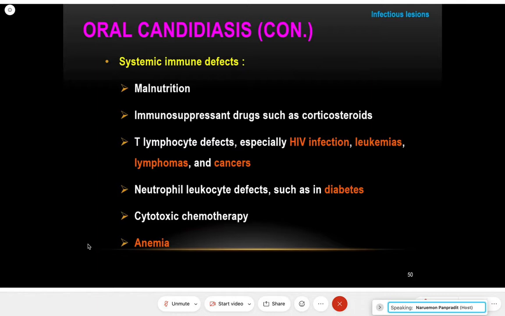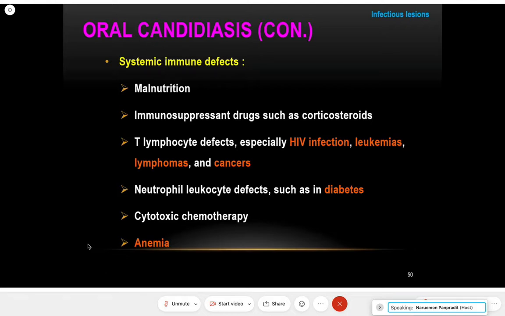You can see the patient has anemia from malnutrition of iron, which can lead to overgrowth of Candida or recurrence again and again. Another type is patients taking immunosuppressants like corticosteroids, or patients with a T lymphocyte defect from HIV infection, leukemia, lymphoma or cancer, who also easily get candidiasis. Diabetes, which involves neutrophil and lymphocyte defects, is also a factor.